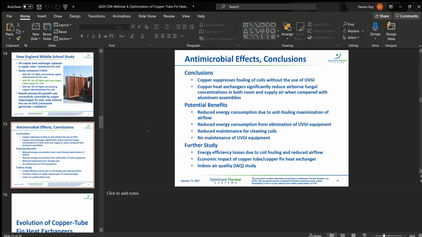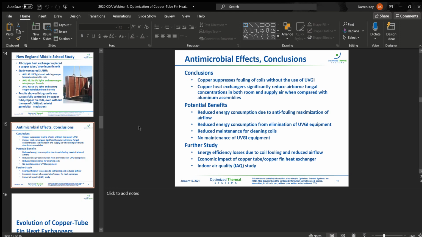So, takeaways from antimicrobial effects. Copper does successfully suppress the fouling of coils without the use of UV-GI. Copper heat exchangers can significantly reduce airborne fungal concentrations, especially when compared with aluminum assemblies, and thus improve indoor air quality.